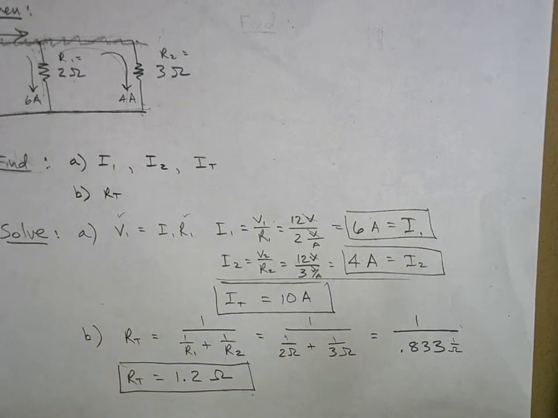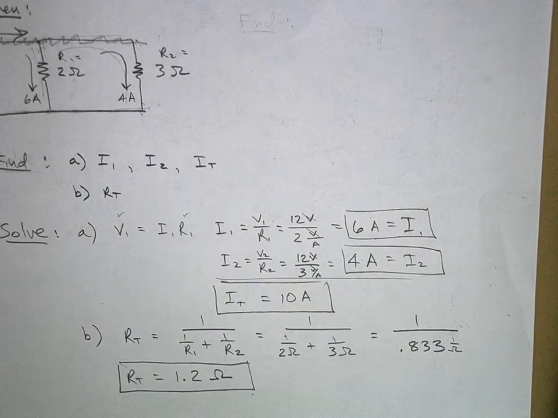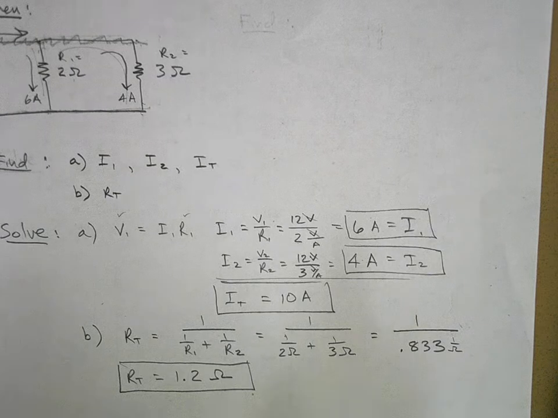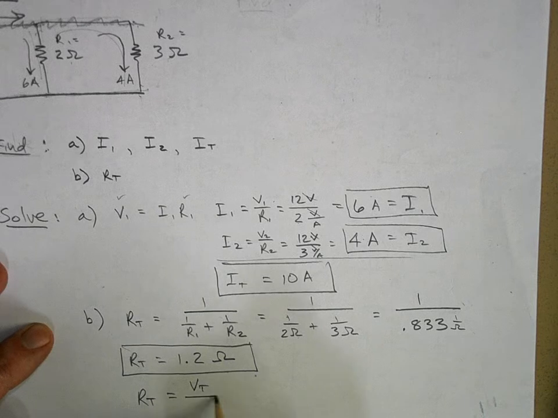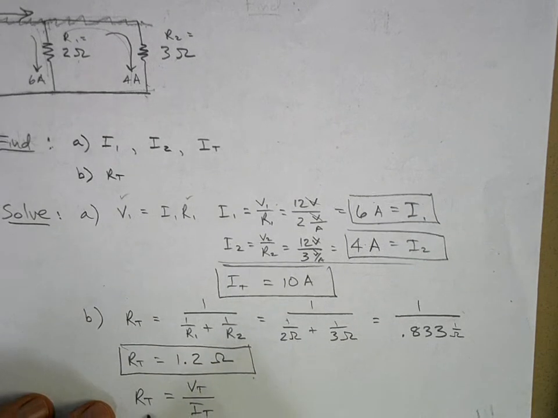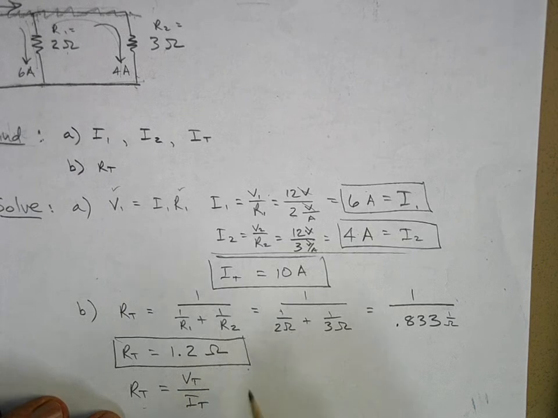Okay? But let's check our work. There's another way of doing this problem. I can say that using Ohm's law, the total resistance of the circuit is equal to the total voltage supplied divided by the total current supplied.